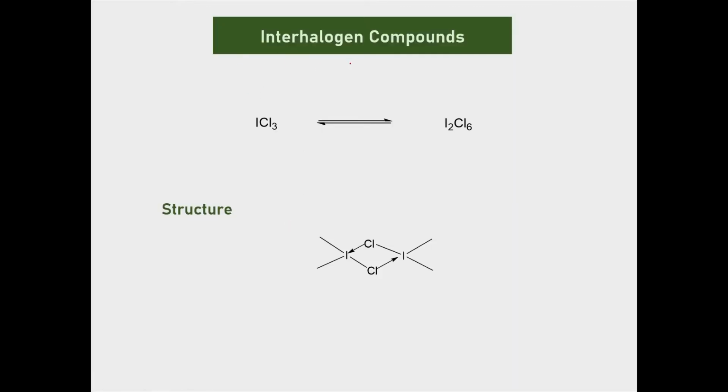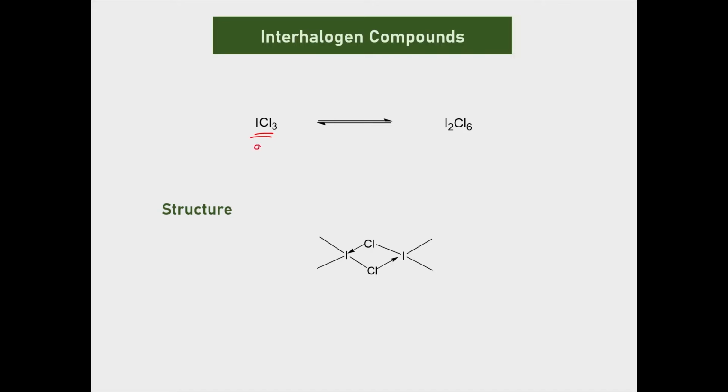ICl3 is an interhalogen compound which is synthesized by reacting iodine and chlorine. So, ICl3 exists as a dimer because ICl3 is not stable.